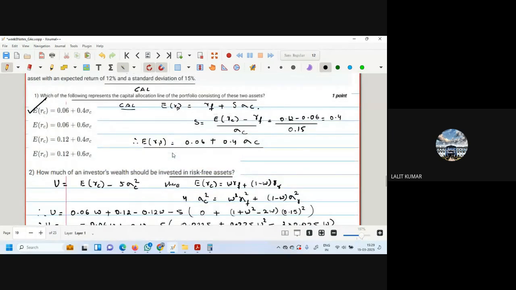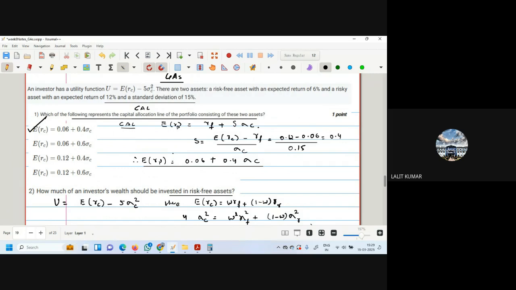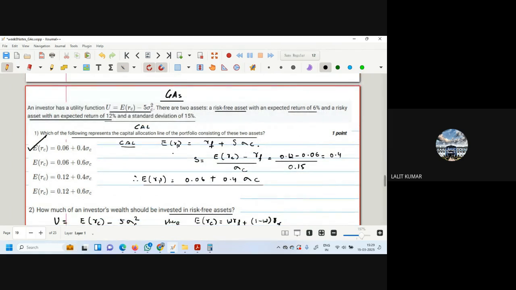So the first question of the GA, they have given the utility function, and they have given two assets. One is risk-free with an expected return, and there is a risky asset with an expected return of this, and standard deviation is 15%. Which of the following represents the capital allocation line of the portfolio consisting of these two assets?